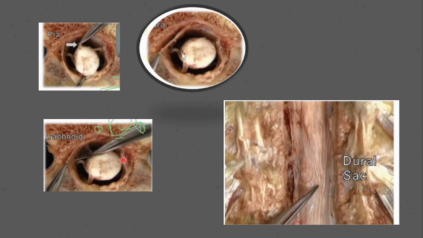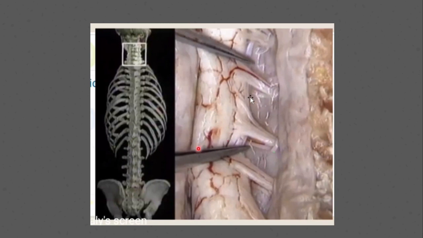The arachnoid has a subarachnoid space beneath it, which contains CSF or cerebrospinal fluid. Also, the spinal cord ends at a spinal segment under the vertebral body.